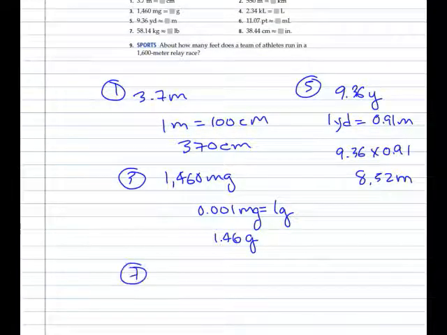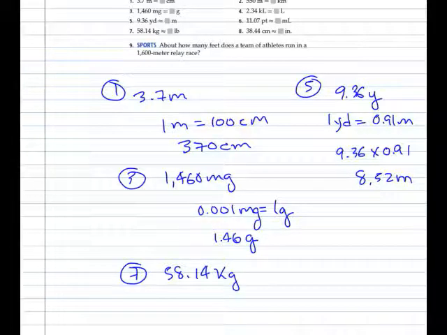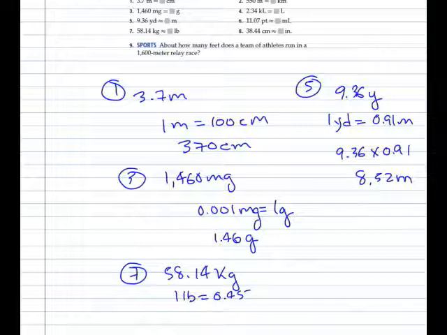Number 7. 58.14 kilograms. I'm going to convert that to pounds. What I know is that 1 pound equals 0.4536 kilograms.